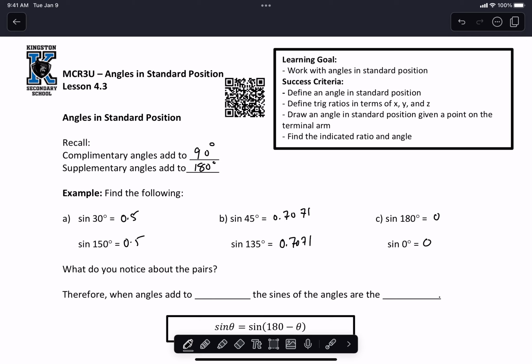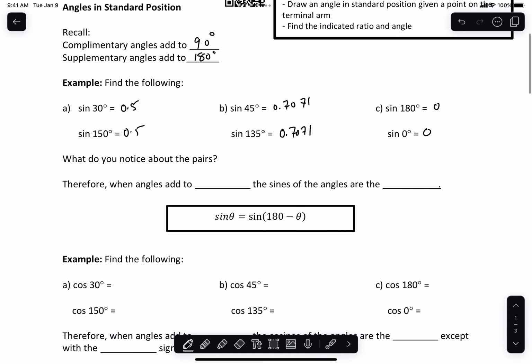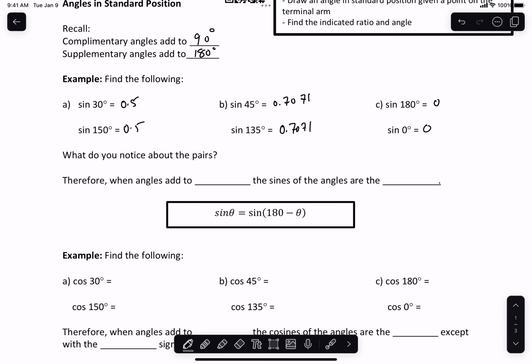So, what do we notice about the pairs? They all are the same. So when angles add to 180 degrees, the sines of these angles are equal.